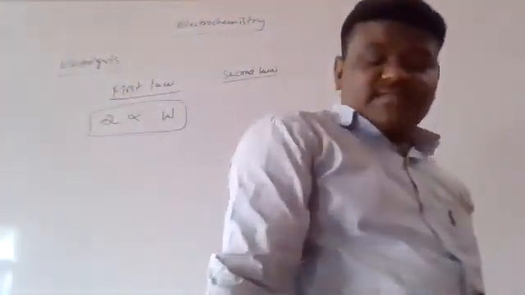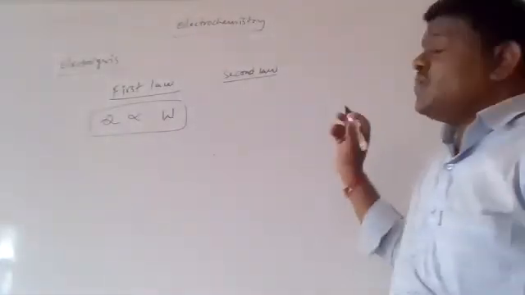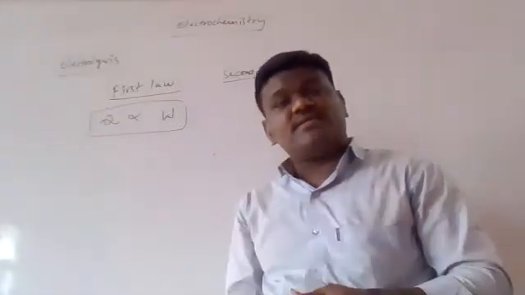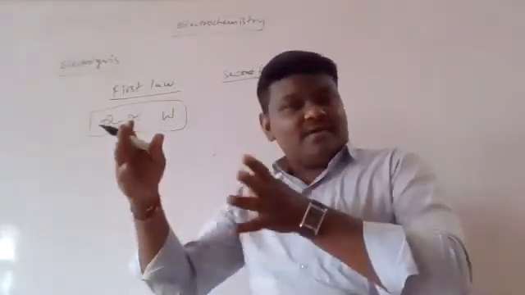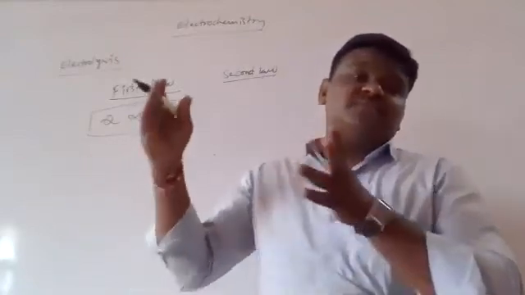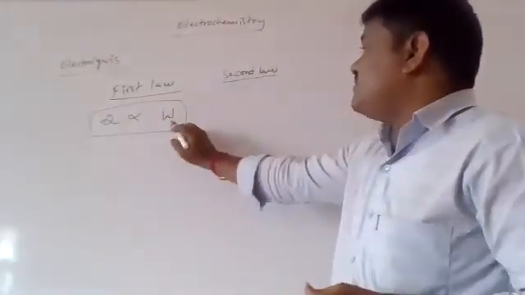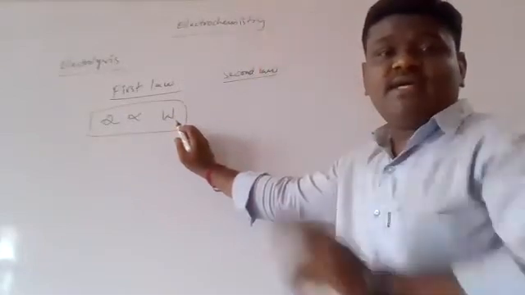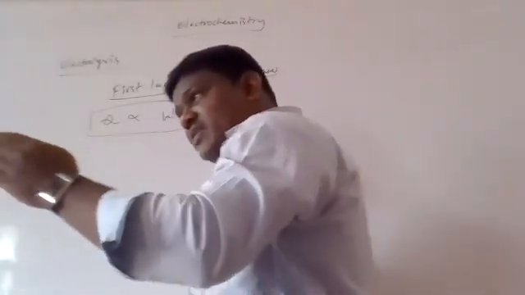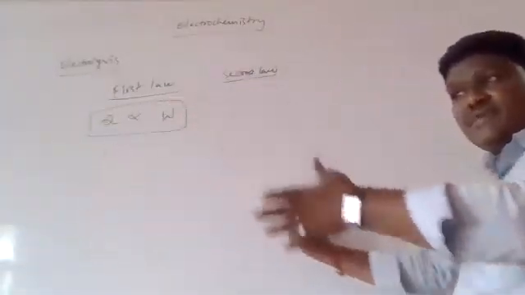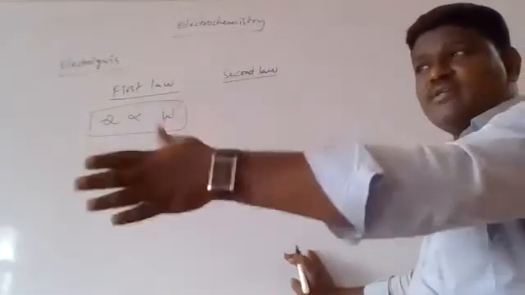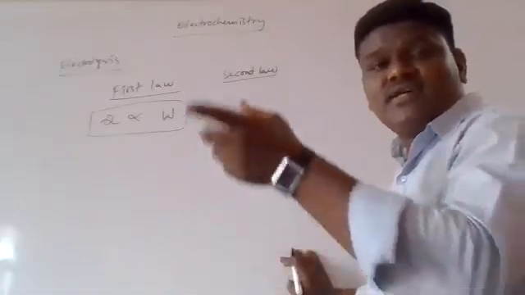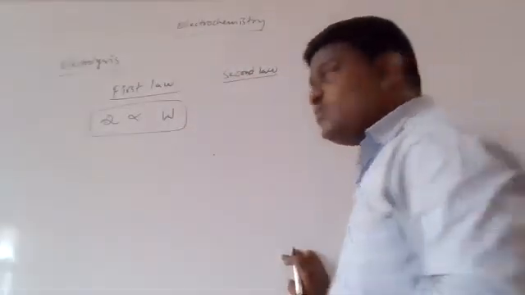Second law of Faraday explains when different electrolytic cells having different electrolytes have the same quantity of electricity passed in them, then the obtained product is directly proportional to the equivalent weight. So different electrolytic cells and different electrolytes are in series, the same quantity of electricity is passed, and the quantity of product formed at the electrodes is directly proportional to its equivalent weight.